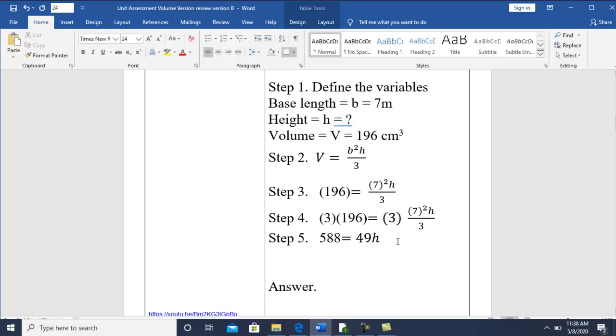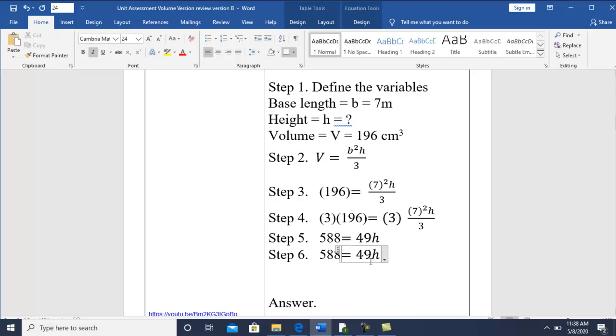So what we're going to do next is we've got to get rid of this 49. My next step here is I'm going to divide both sides by 49.